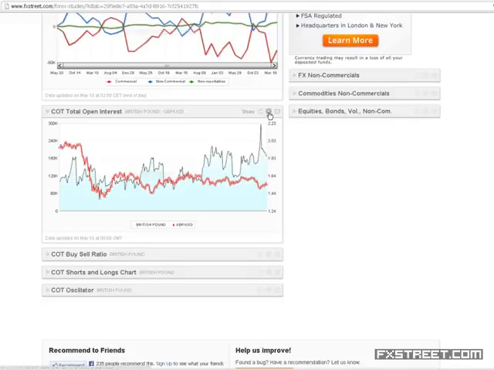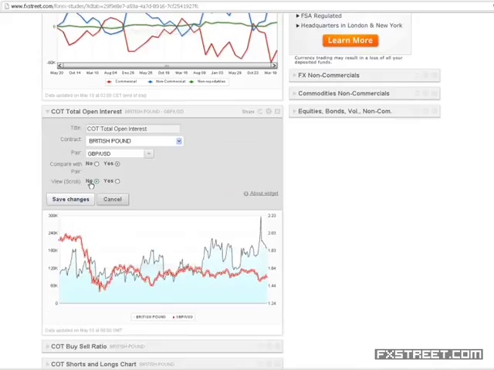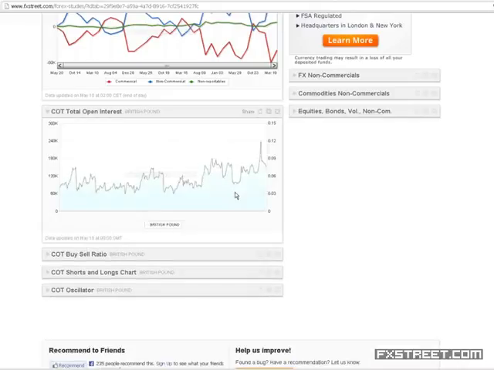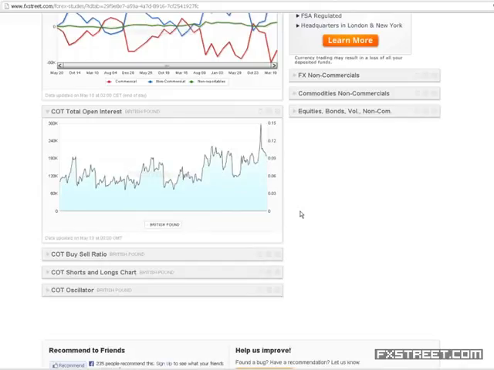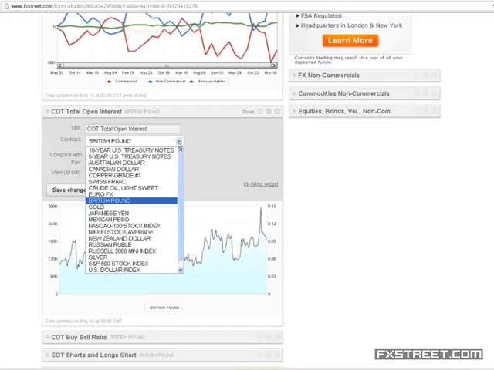Okay. And here again, in this widget you have several options. You may compare or not with the price chart. So if you just need to visualize the open interest, you may choose that. You may also combine a commodity and plot.